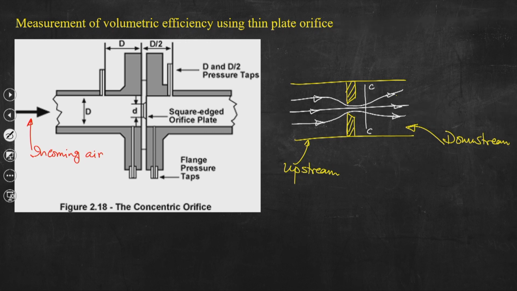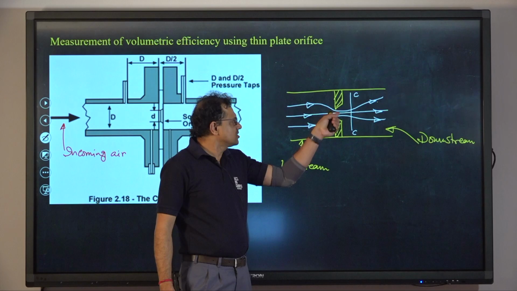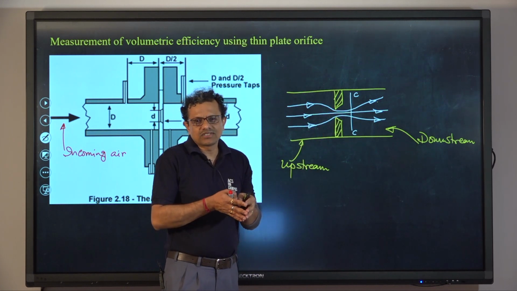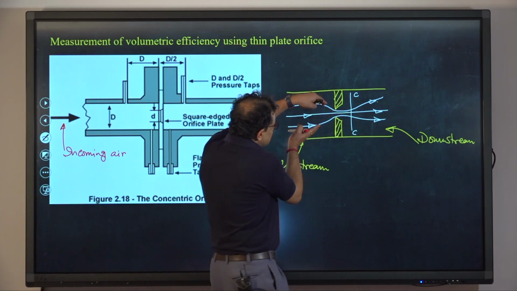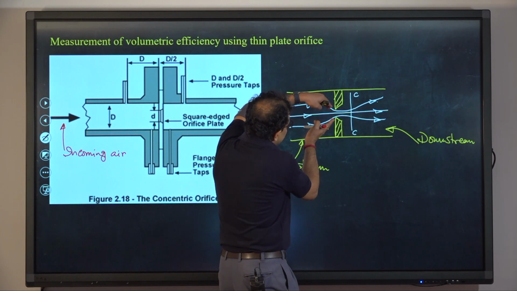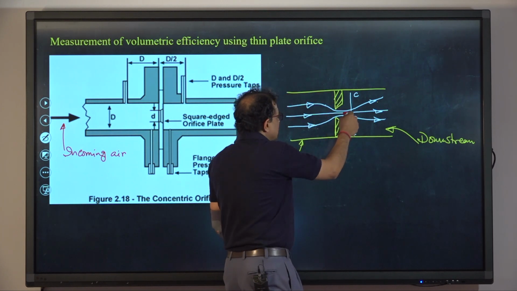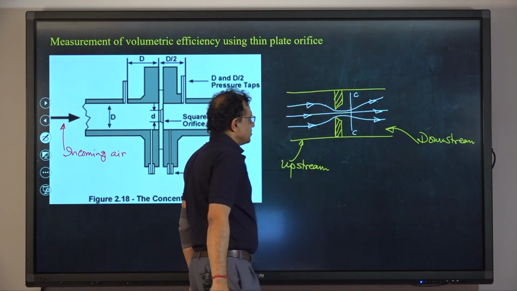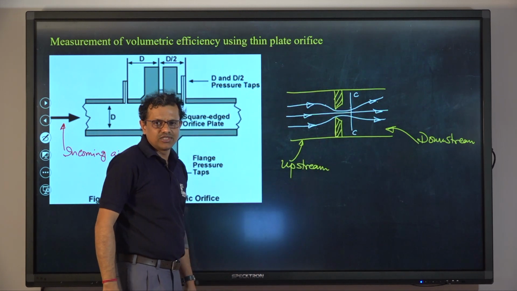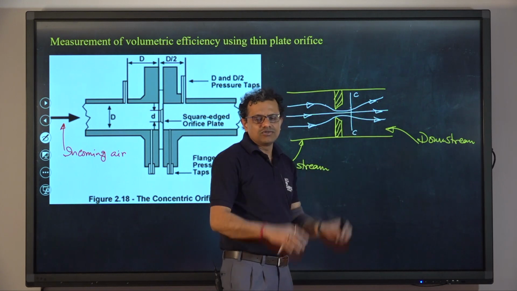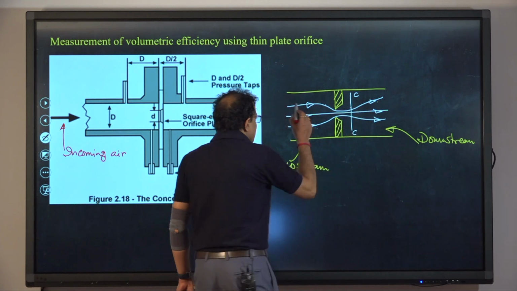Essentially, to adjust to this change in flow cross-sectional area, streamlines will converge, and they will keep on converging until this location, section CC, which is known as the vena contracta. After that, the streamlines will diverge again.